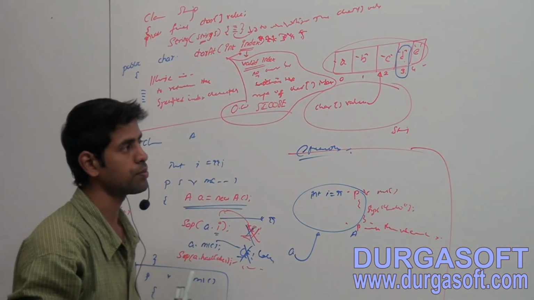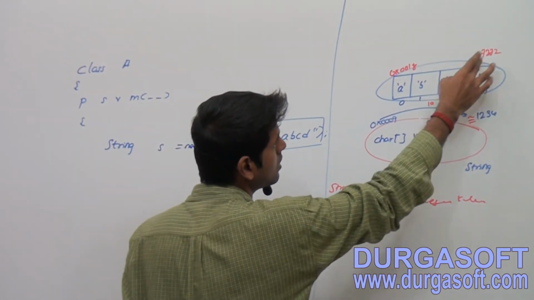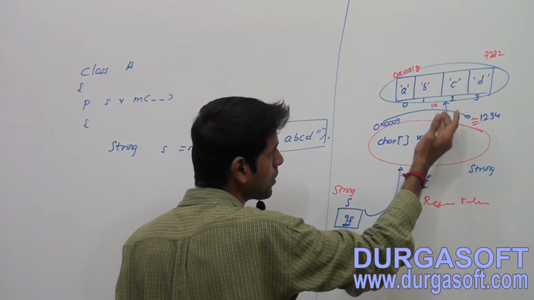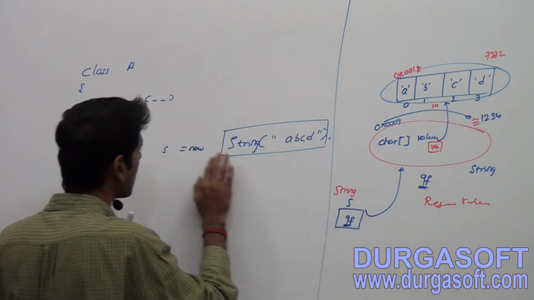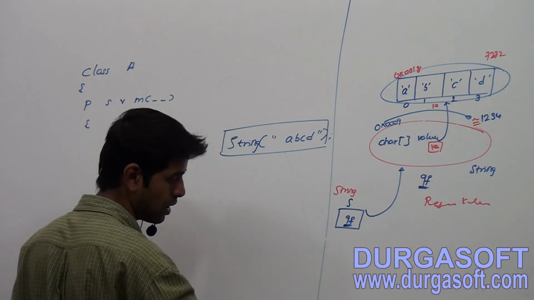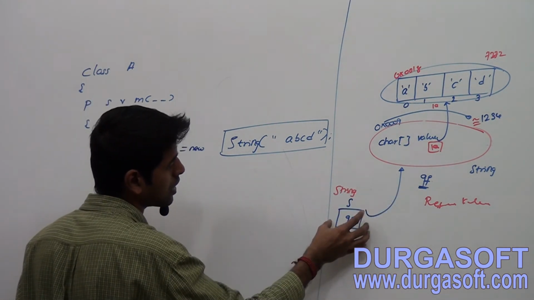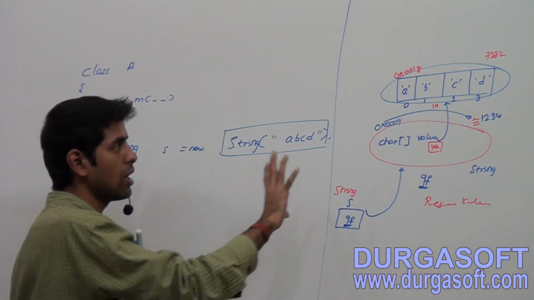Even arrays are objects, so a unique address, hash code and reference value is assigned to value. Like that, 9f is assigned after this statement, so both 9f are the same. From this reference we can reach this address area. Okay, till here we have learned.